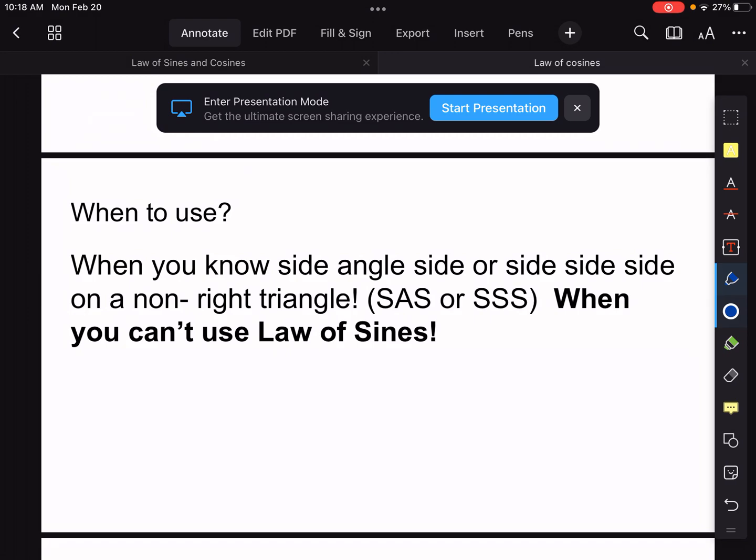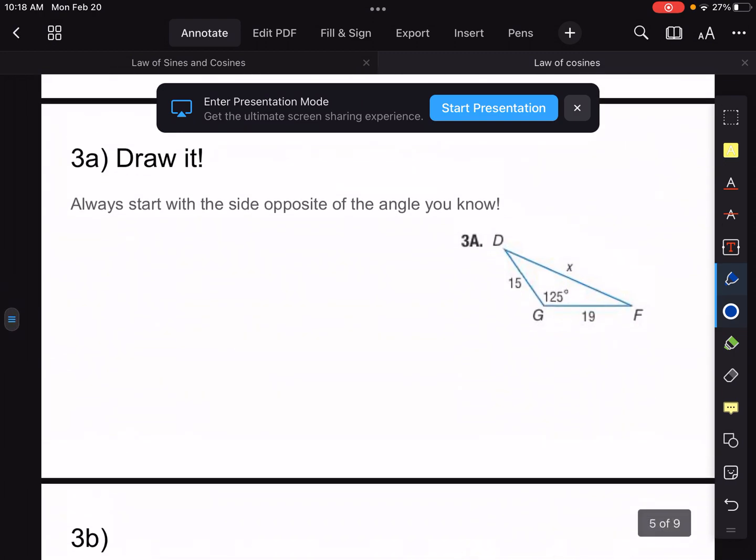But if you cannot, that's when you would attempt to use the law of cosines. So the thought is, first, can I use trig? Is it a right triangle? If the answer is no, go on to law of sines. If I can't use the law of sines, then I'm going to try the law of cosines to solve triangles. Essentially, whenever you can't use the law of sines on a non-right triangle, that's when you're going to attempt to use this.